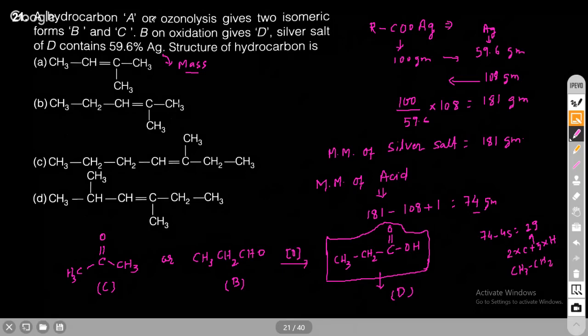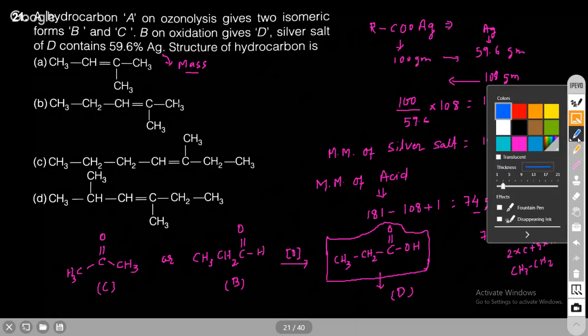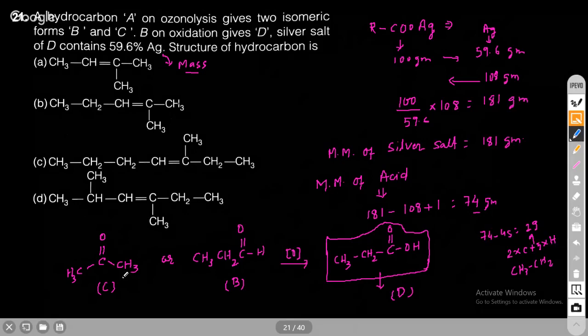Now A on ozonolysis gives B and C. So these are the products we have, or better if I write it like this: C double bond O H. Can you write the formula of A, which on ozonolysis gives these two products? Did you understand this? A on ozonolysis gives these two products, right?